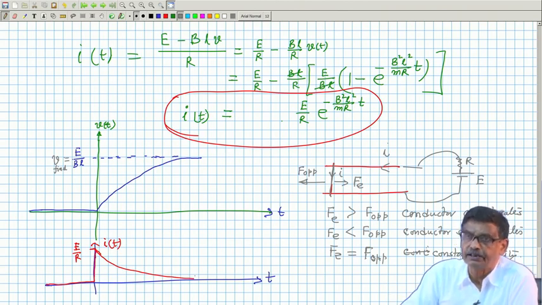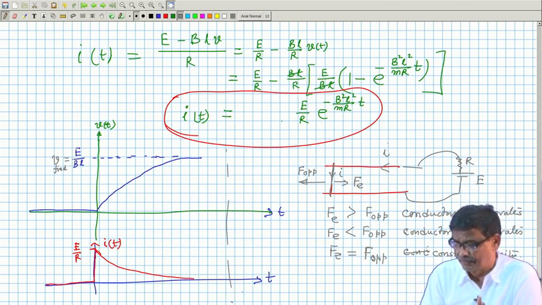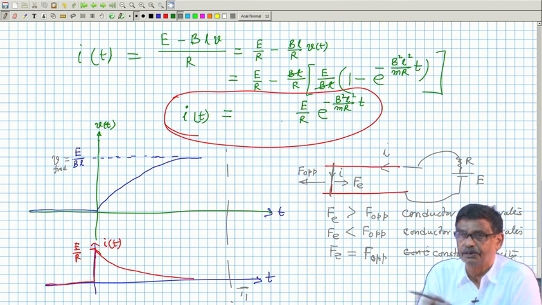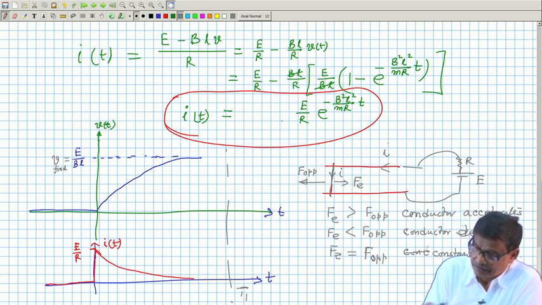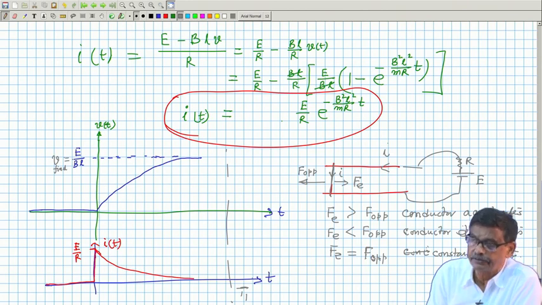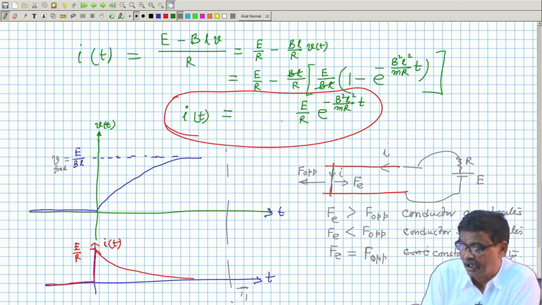Suppose that occurs at t equal to capital T 1 after a long time. At that time electromagnetic force was 0 because current was 0. So, there was no force from left to right, but I have imposed an opposite force to the motion of the conductor.